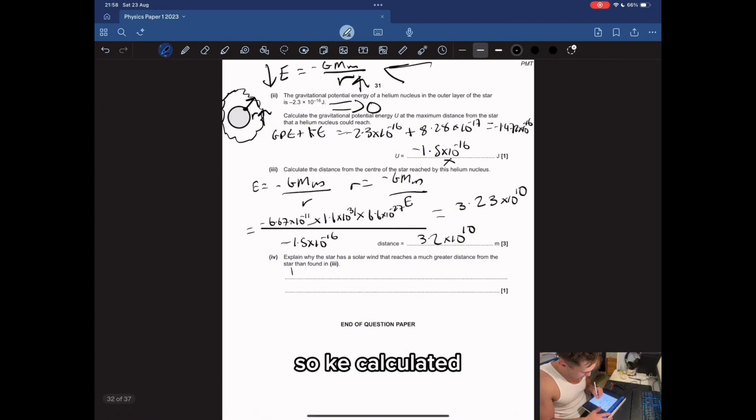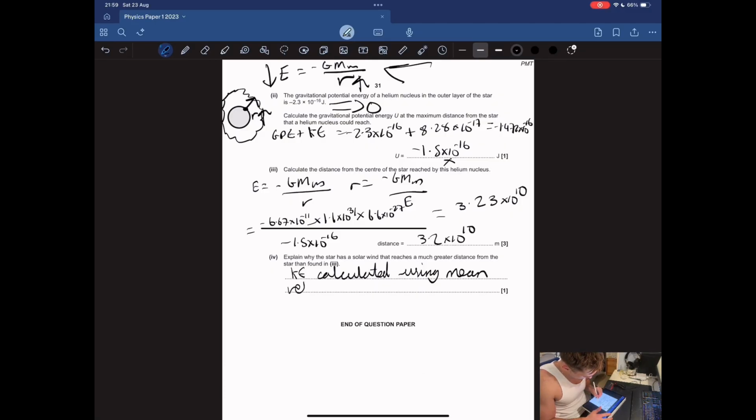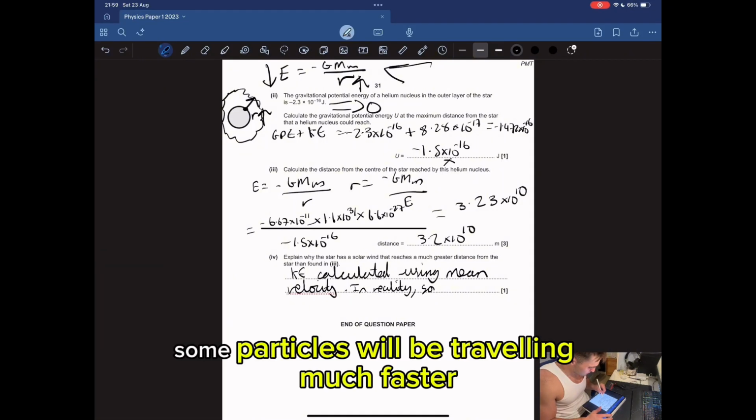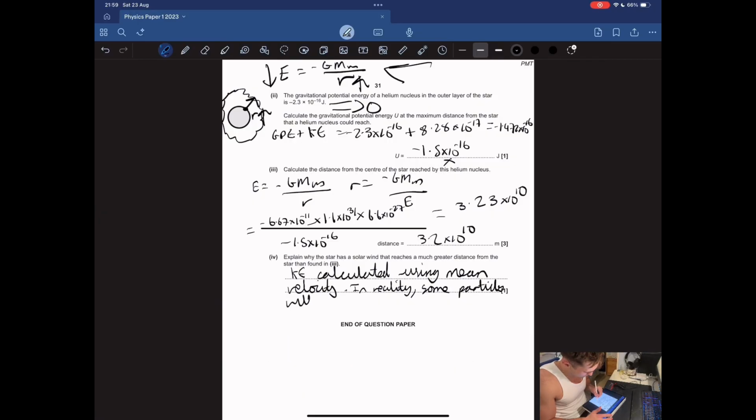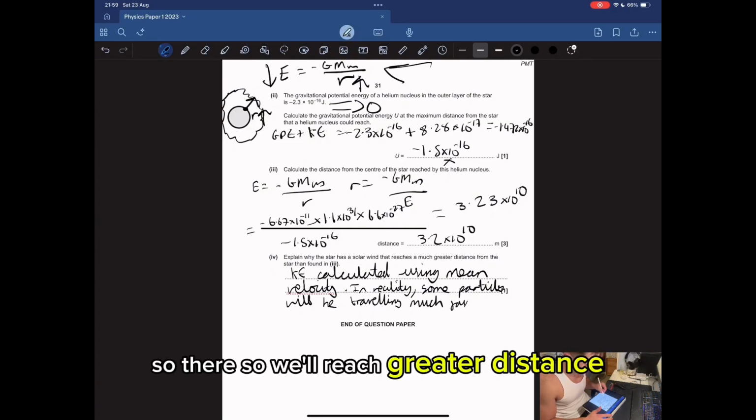So KE calculated using mean velocity. So in reality, some particles will be traveling much faster, so will reach a greater distance.